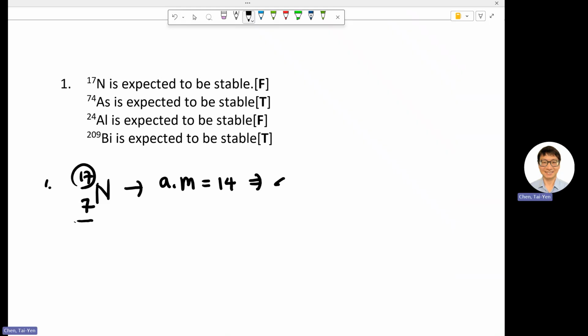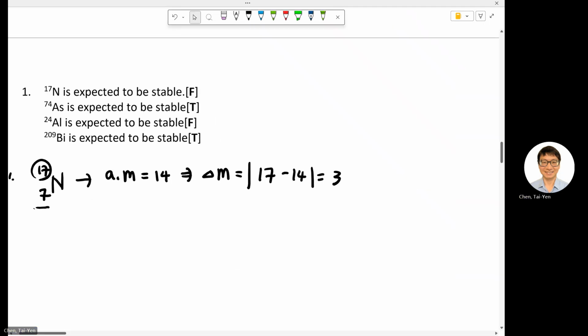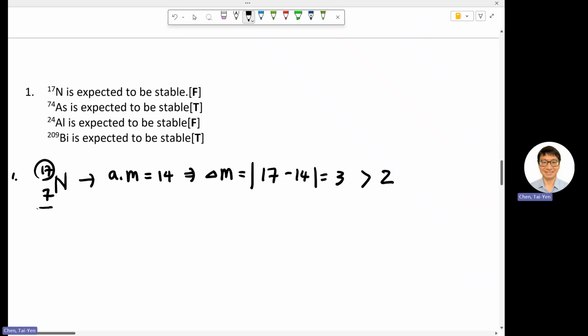Therefore, when you calculate the mass difference, 17 minus 14 equals 3, and it's larger than 2. Therefore, it is unstable.